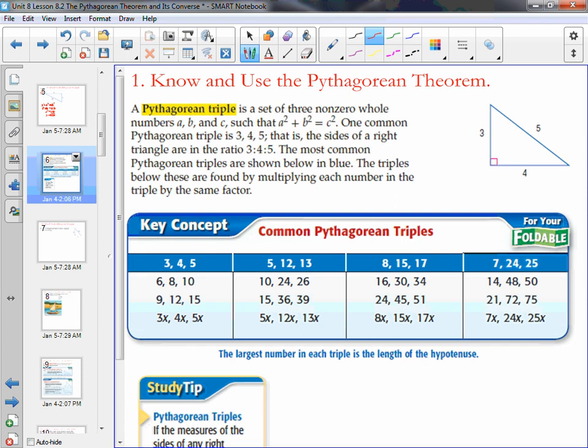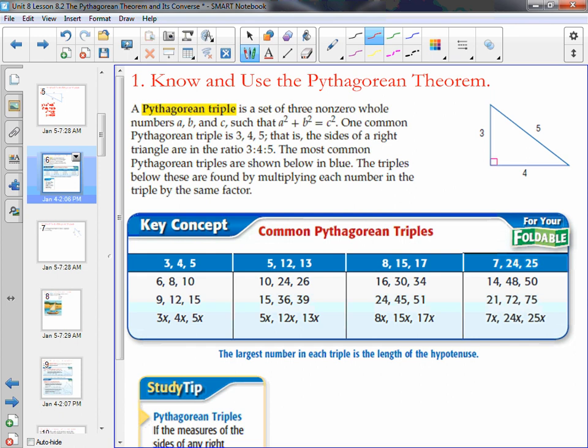Since the hypotenuse is always the longest side, it's the shortest one squared plus the next shortest one squared equals the longest one squared. So if a squared plus b squared really does equal c squared, and a, b, and c are all whole numbers, we call those three numbers a Pythagorean triple.